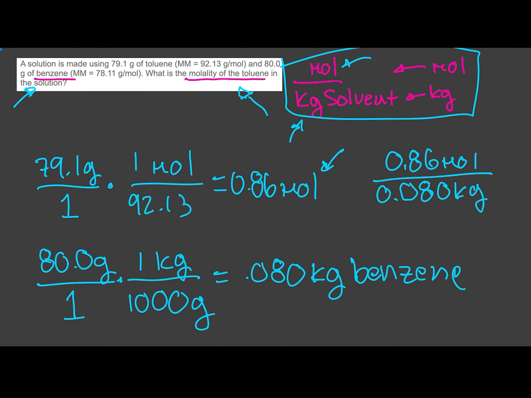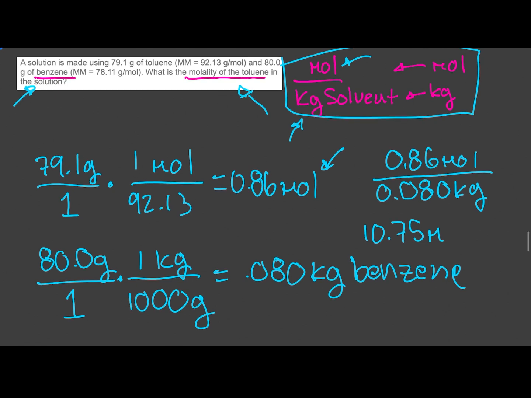When I plug this into my calculator, I am going to get a molality of 10.75 molal. In other words, I will have 10.75 moles per kilogram of benzene. So that problem was easy enough. Let's move on to a harder problem.